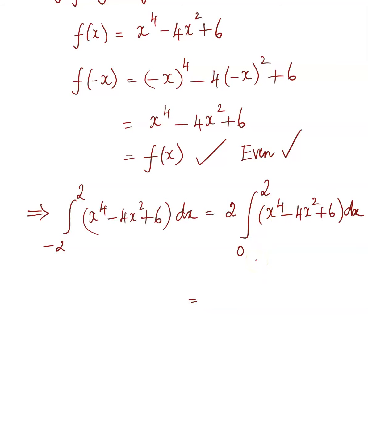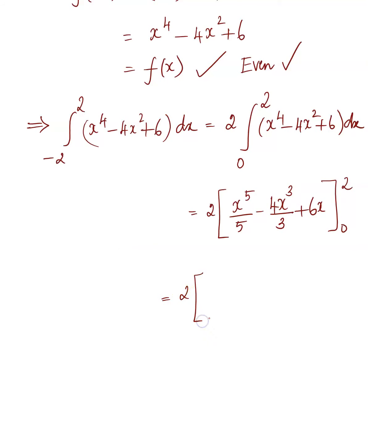But the advantage computationally is that because of the 0, the computation is just easier. So that's going to be x to the power 5 over 5 minus 4x cubed over 3 plus 6x, and it goes from 0 to 2.